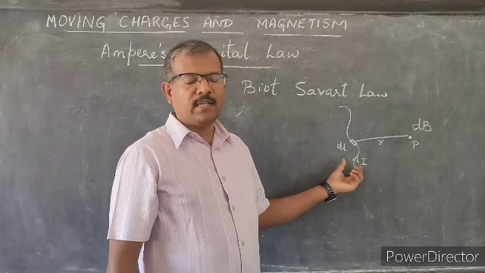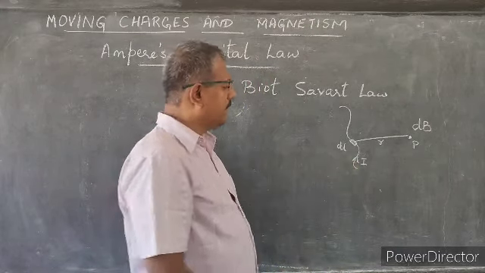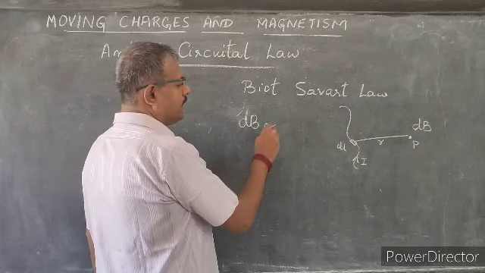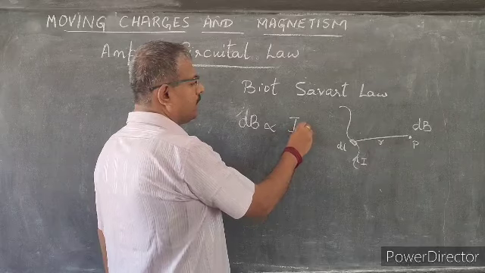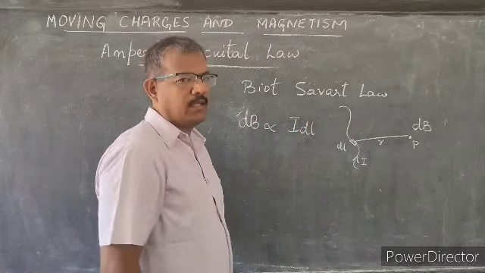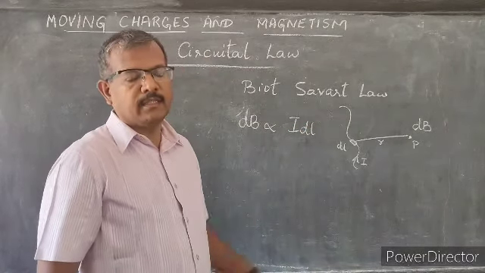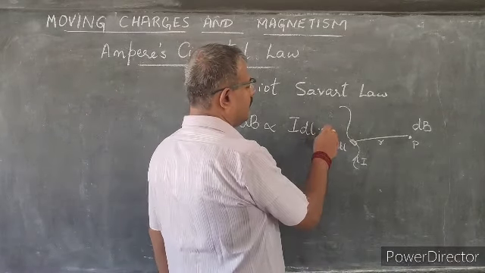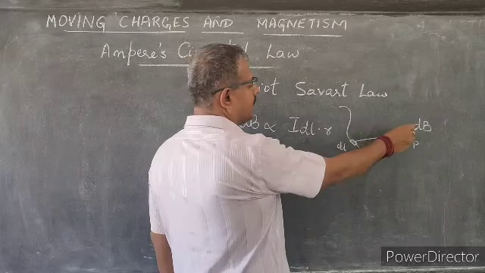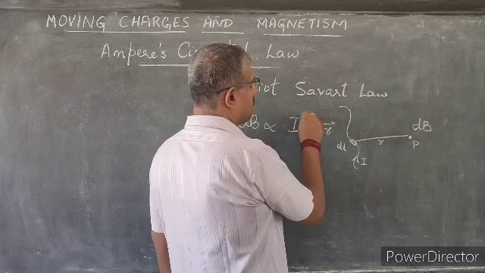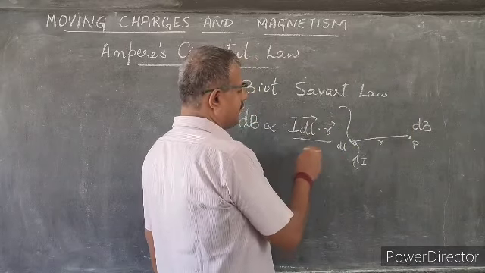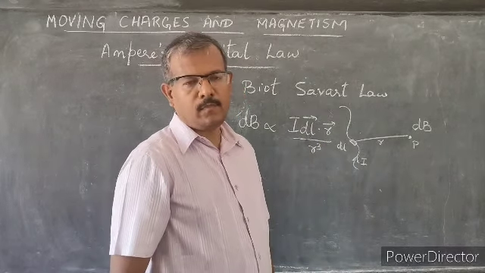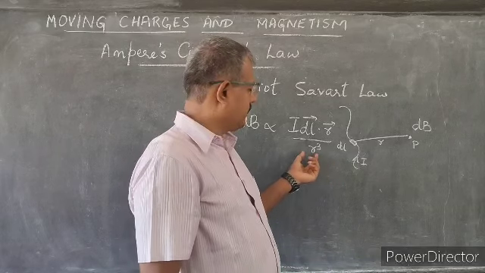So the Biot-Savart Law stated that the magnetic field is directly proportional to the product of the current carrying element with the distance vector, which is vectorially represented, and inversely proportional to the square of the distance.